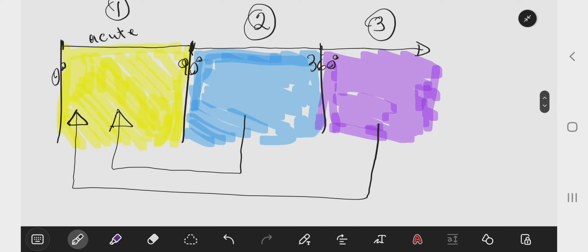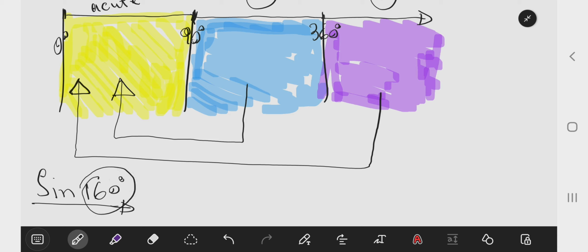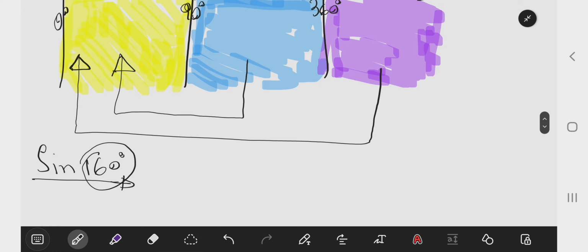So if, for example, you want to evaluate sine 160, okay, 160 degrees. 160 degrees is above 90, so it's not in the first region, right? 160 is actually in the second region. So you have to find a way in which you can reduce this angle and take it to the first quadrant, right?